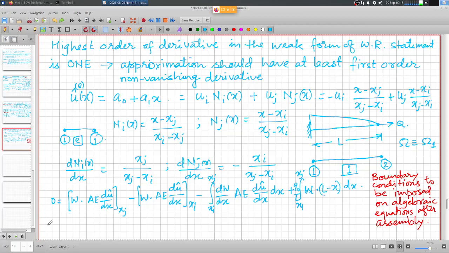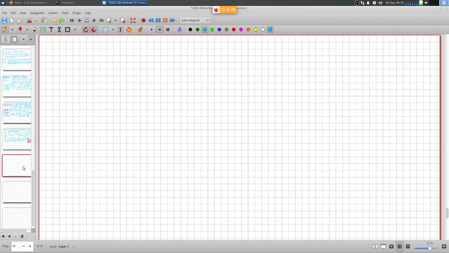So W can be now two parts. I should have started a new page. There is no way I can actually, I'll have to repeat this.